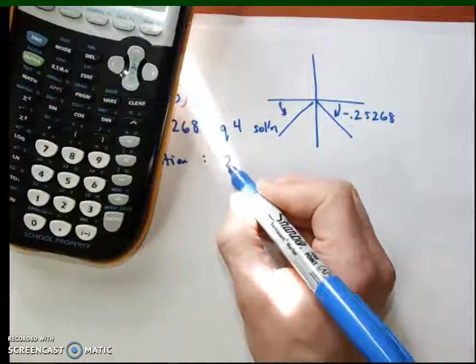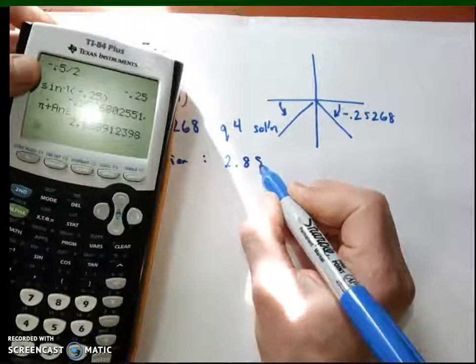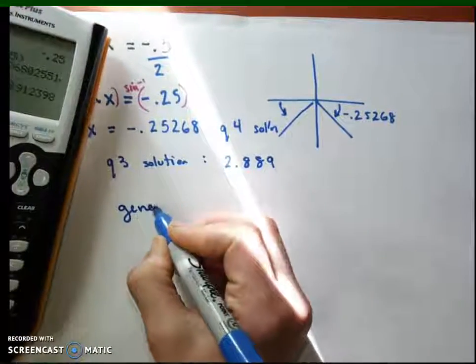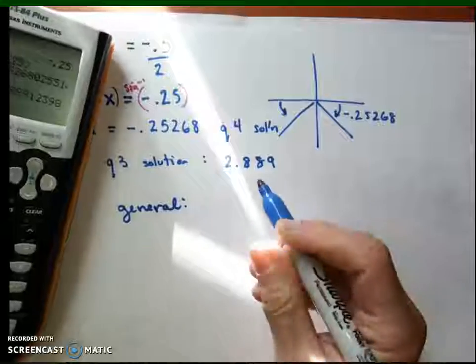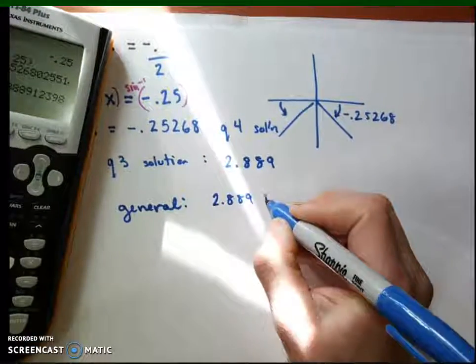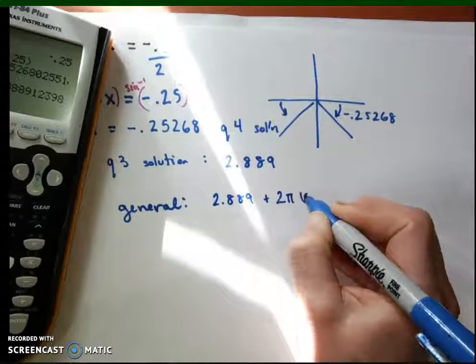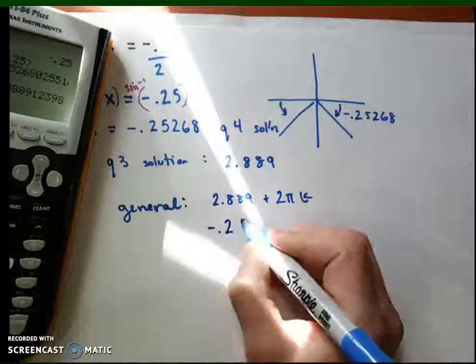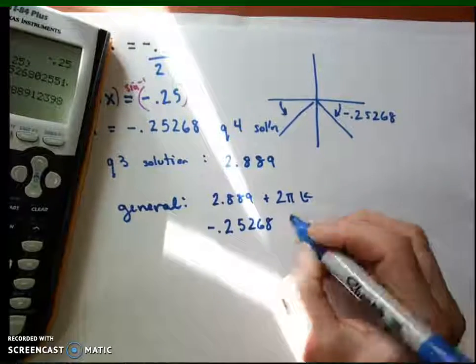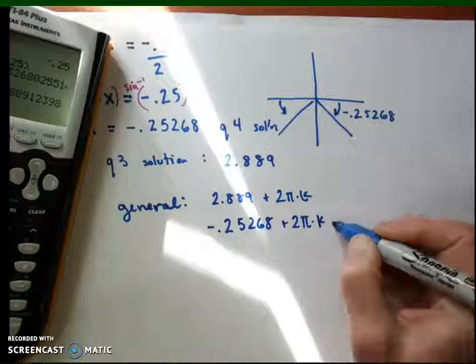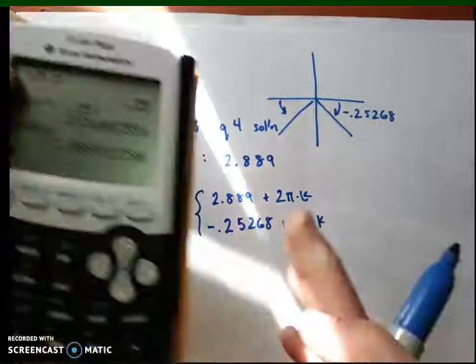That gives me 2.889. And now to get the general solution, I take these two solutions and I add multiples of 2 pi. So 2.889 plus 2 pi k gives me all these quadrant 3 solutions, and negative 0.25268 plus 2 pi k gives me all the quadrant 4 solutions.